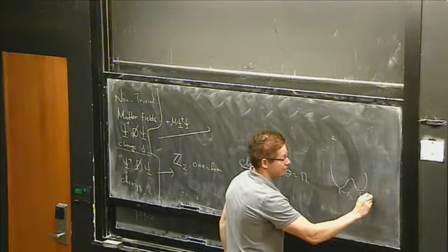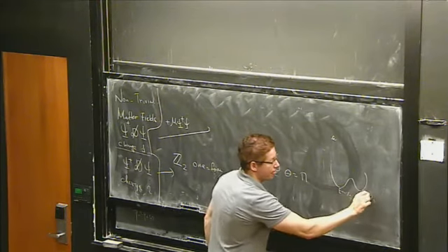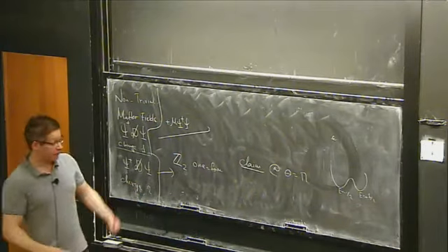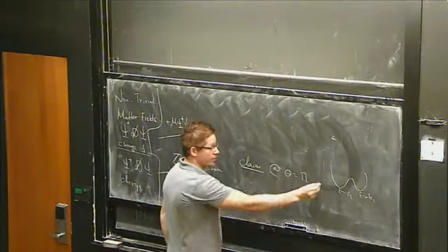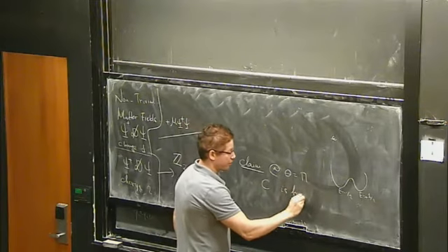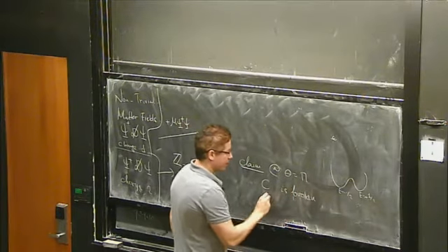Since we don't have dynamical charge 1 particles, the claim is that at theta equals pi, we have this exact degeneracy. So charge conjugation is broken spontaneously at any mass.